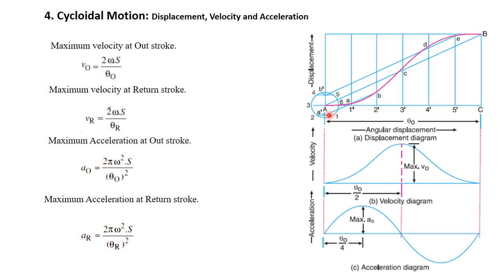Now we divide the circle also into the same number of divisions as we divided theta naught of the cam. Therefore, we divide the circle into six equal parts, in such a way that at the mid position we get 3 and 6.